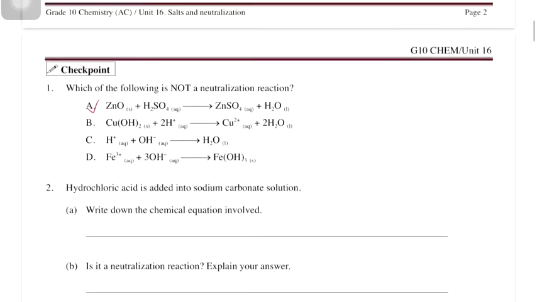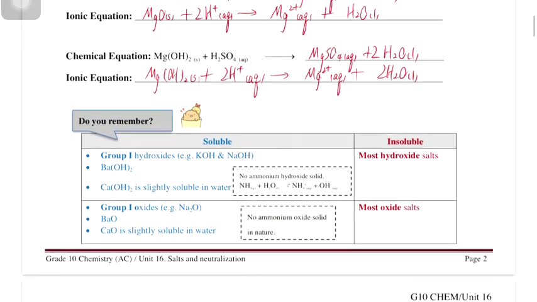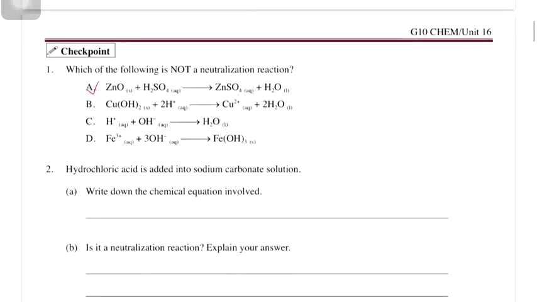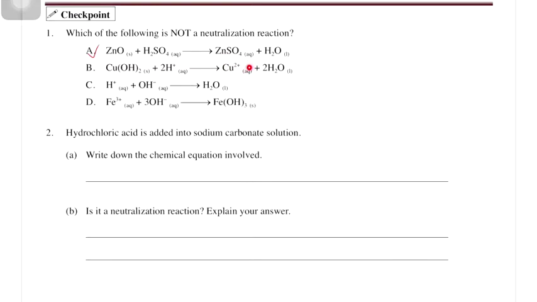So you can compare that with our example here. Okay, so that's also a neutralization reaction. The copper ion is the cation in the salt. So the second one is a neutralization reaction. The third one is an ionic equation for acid with the alkaline.